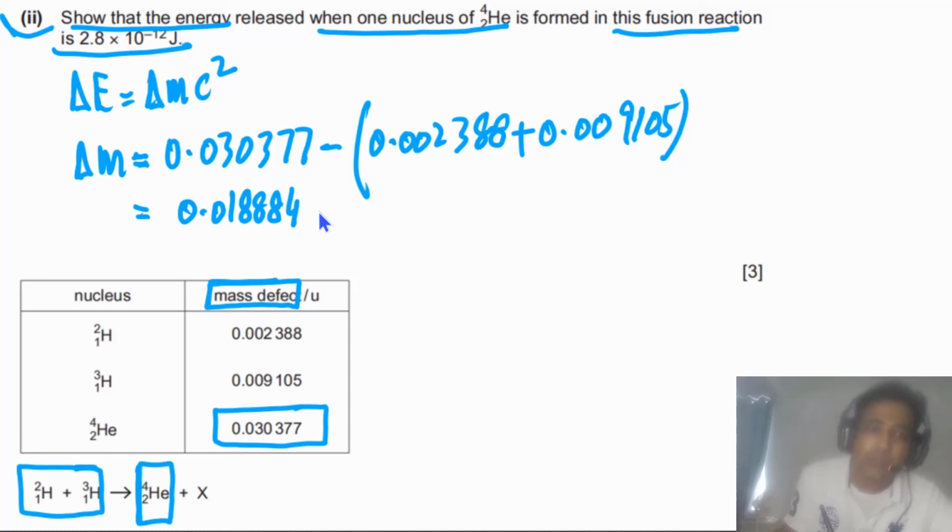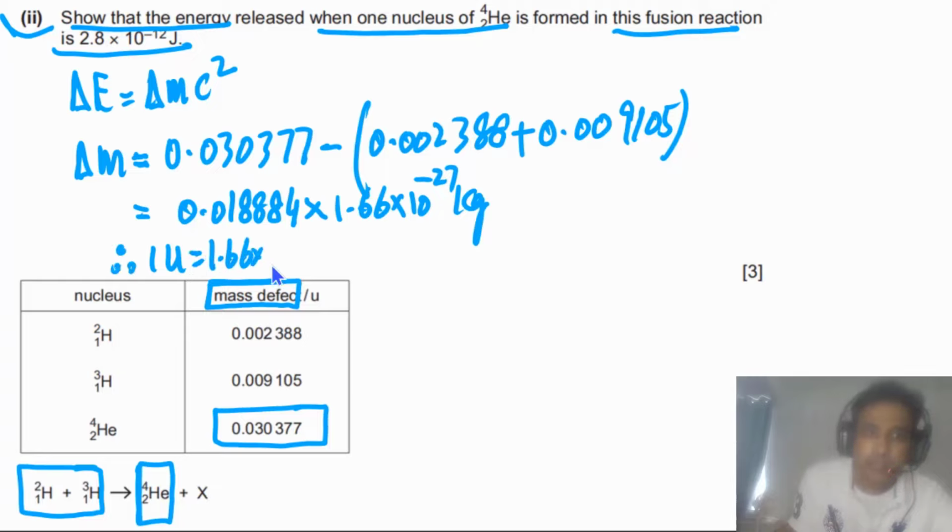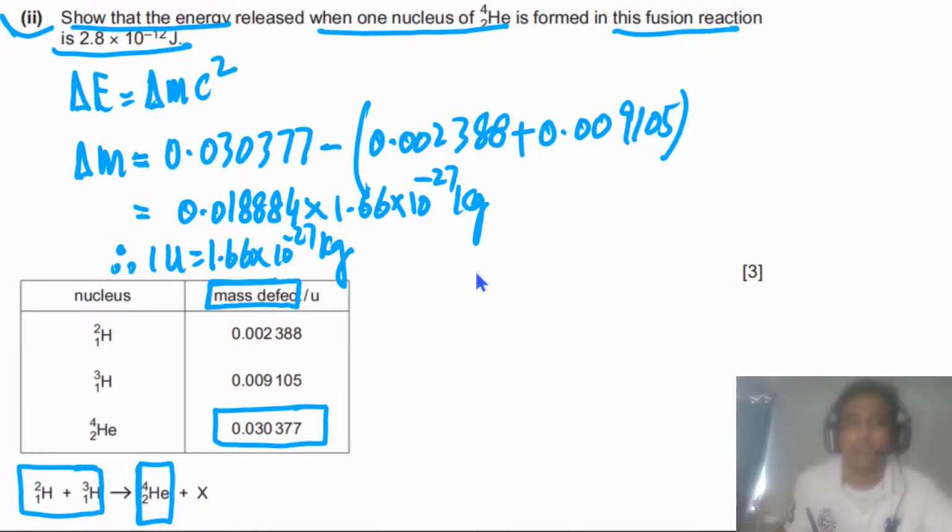0.018884. This is in U, so we can convert this one into kgs by simply multiplying with 1.66 times 10 to the minus 27 kgs, because 1 U is equal to 1.66 times 10 to the minus 27 kgs. Now we need to calculate delta E. Delta E is equal to delta M times C square.